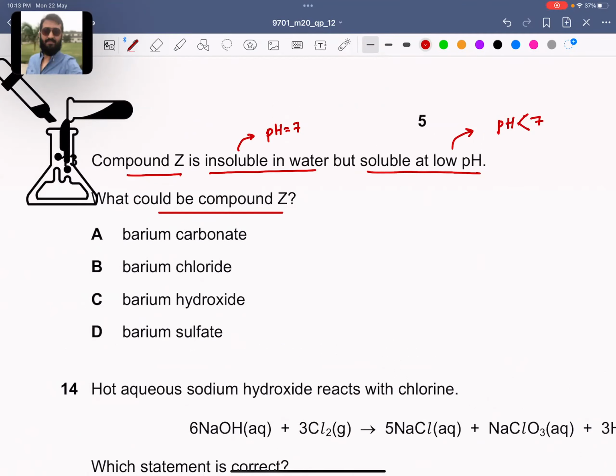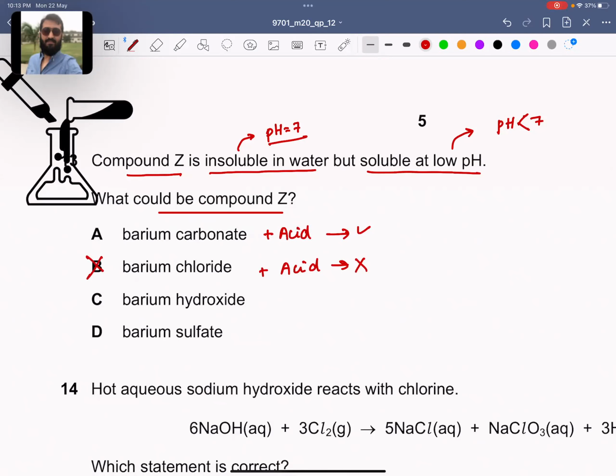So here we have all the compounds of barium. Barium carbonate can react with acid, but barium chloride doesn't react with acid. And barium chloride is also soluble in water at pH 7.